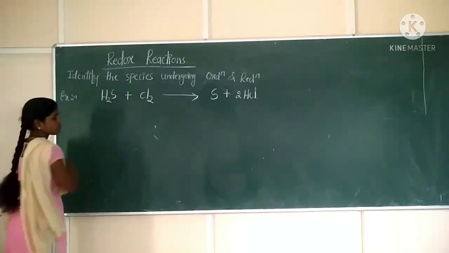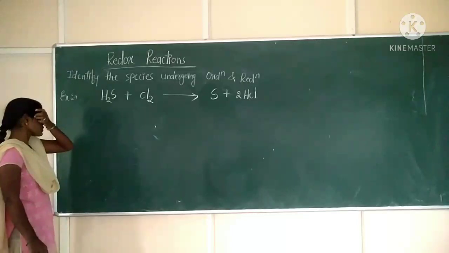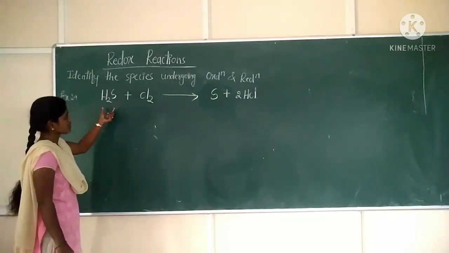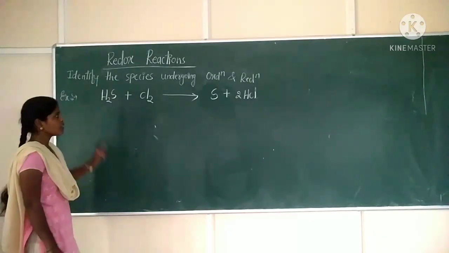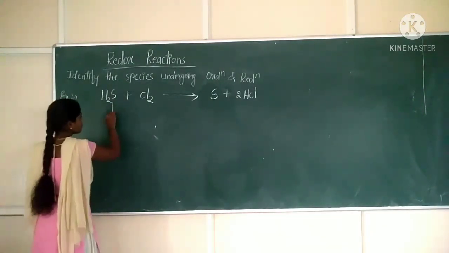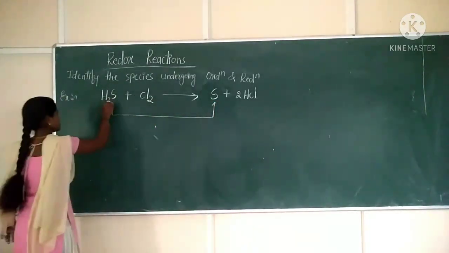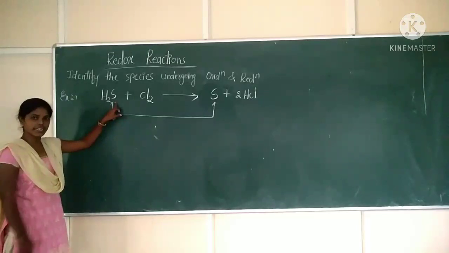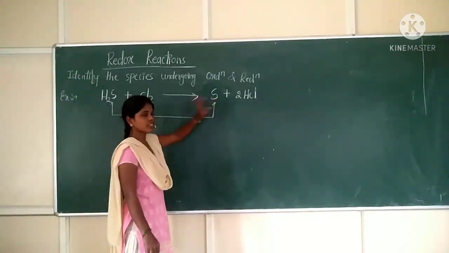So H2S is one reactant, Cl2 is another reactant. Now we have to identify which substance is undergoing oxidation and which is undergoing reduction. Look at the first one. H2S, hydrogen sulfide, is converted into sulfur.